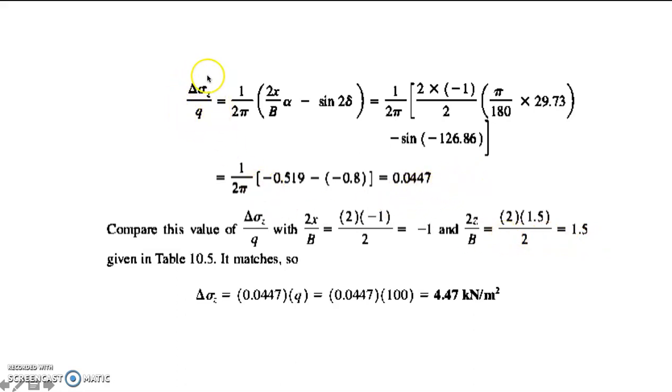Then from this equation, delta sigma sub z all over q is 0.0447, so you multiply by q. Our q is 100, so now the stress caused by the triangular loading is 4.47 kilonewton per meter squared.